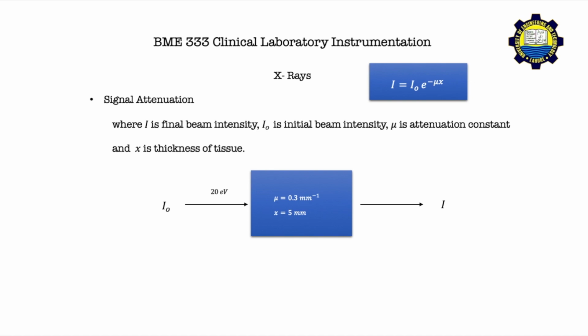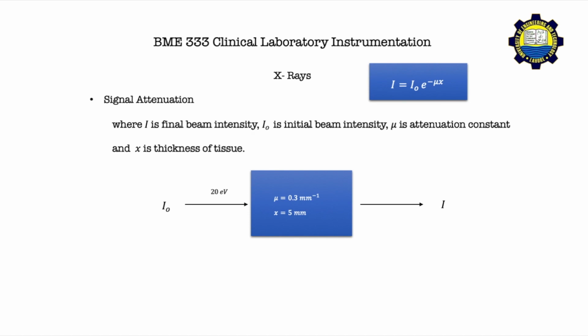So the resultant intensity should be in the same units as the incident intensity. So you'll get the final beam intensity in electron volts as well. It's a negative exponential, so it's a decreasing exponential. You should see the final beam intensity to be lesser as compared to what was incident. And the reason for that obviously is that it gets attenuated, gets absorbed in the medium. So that's one problem for you to solve.